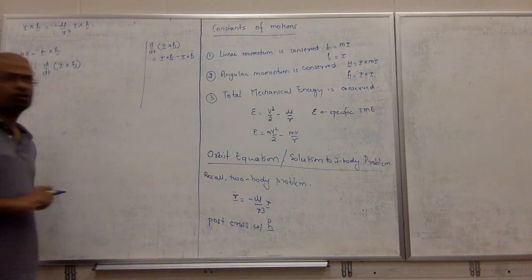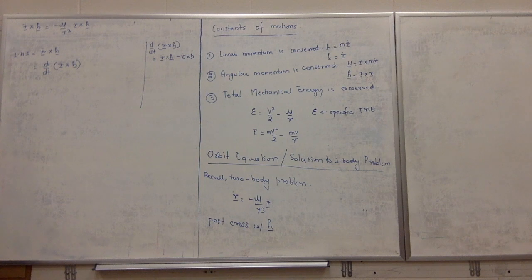What do we know about h dot? Roshan? H dot is the derivative of the angular momentum. Okay, what do we know about that? You get 10 extra credit points if you tell me what you know about h dot.